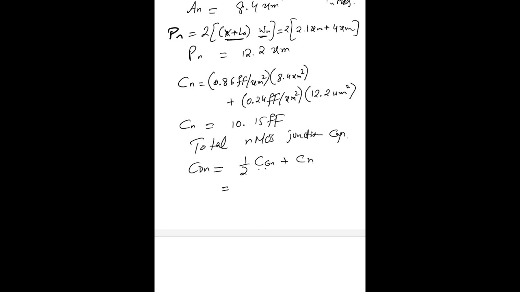We know the value of CGN that we calculated earlier, that was equal to 10.8 femtofarad divided by 2, and then we have to put the value for Cn that we calculated here. This is equal to 10.15 femtofarad. So if we solve this expression, the CDN value comes out to be like 15 femtofarad.